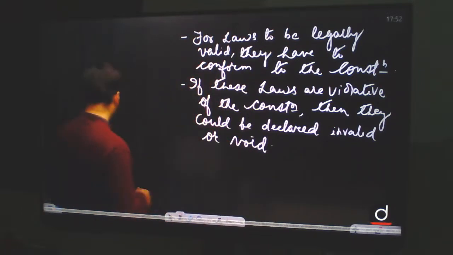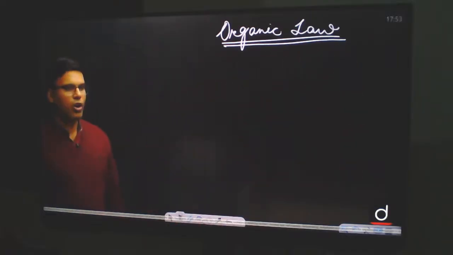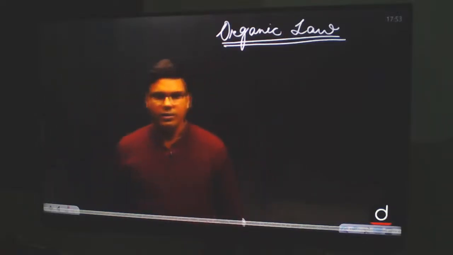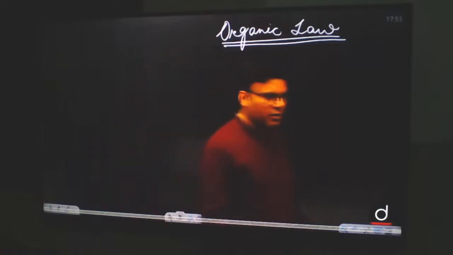So the next thing that we have to look at in our reading of the Constitution is that our Constitution is an organic law. If you look at the concept of an organic law, what is organic? Something which is having an organ.